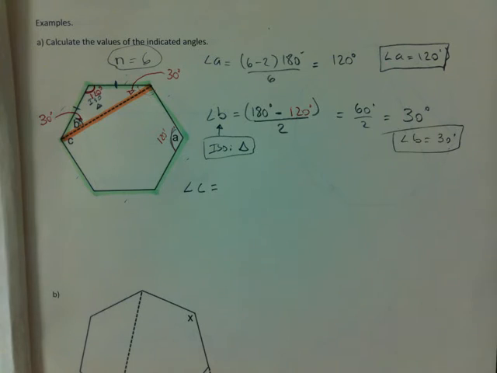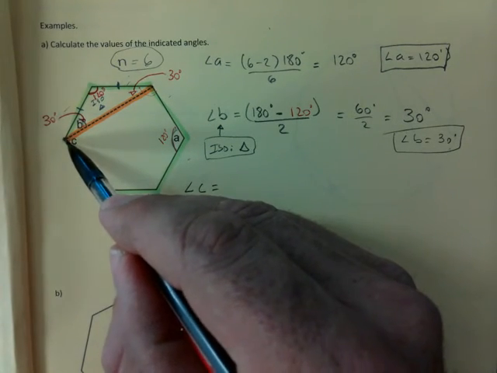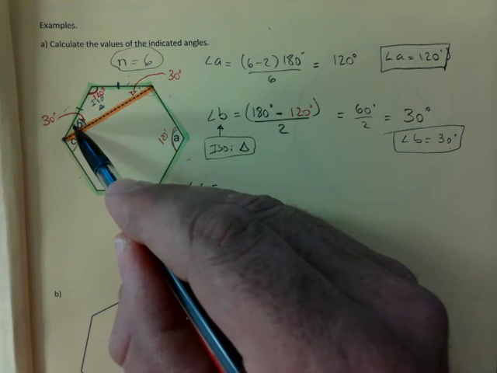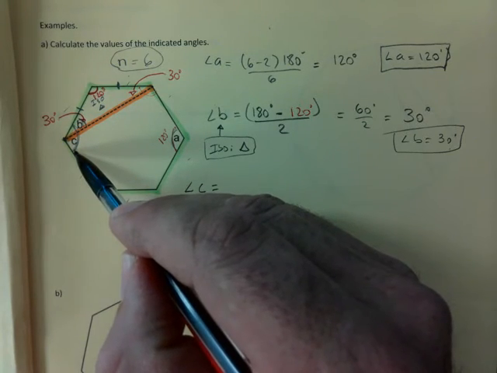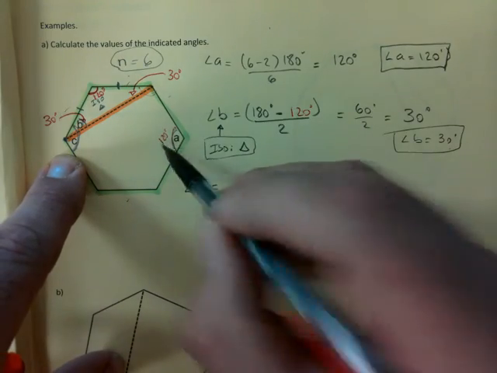You're with me? I just need you for a couple more minutes. At this corner right here, if you focus on from green to green, what angle is that? The interior, you got that? That's the interior of this polygon. What is this big one here? We already know is 120.